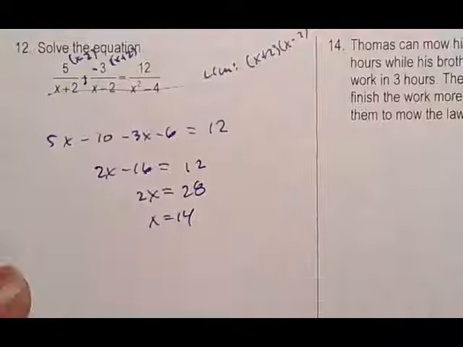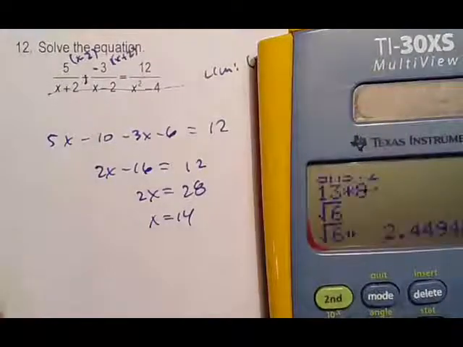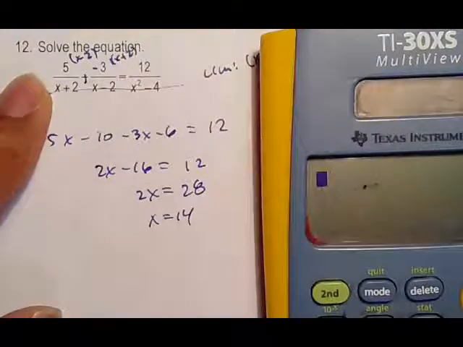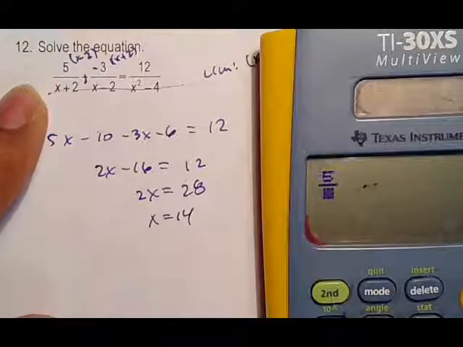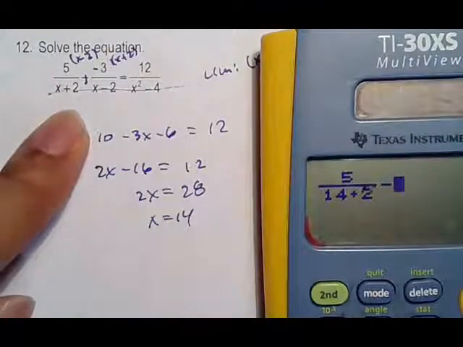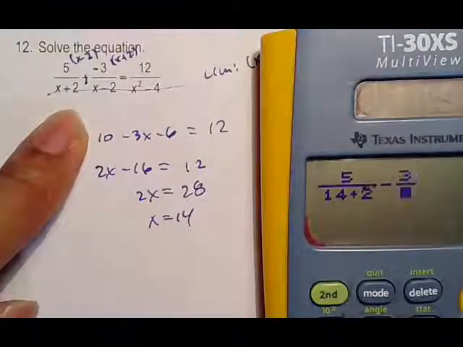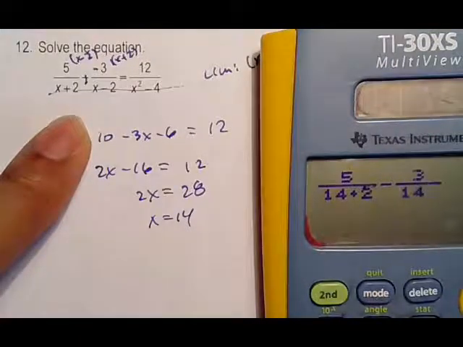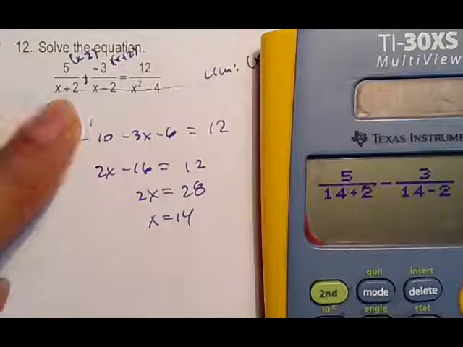I will use this calculator because it's a little bit easier to plug in to check to see if 14 actually works. 5 over 14 plus 2. I do love how this actually does this. Minus 3 over 14 minus 2 equals, and so we get 1/16.